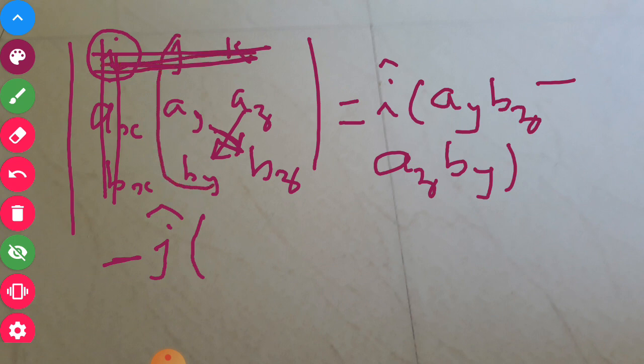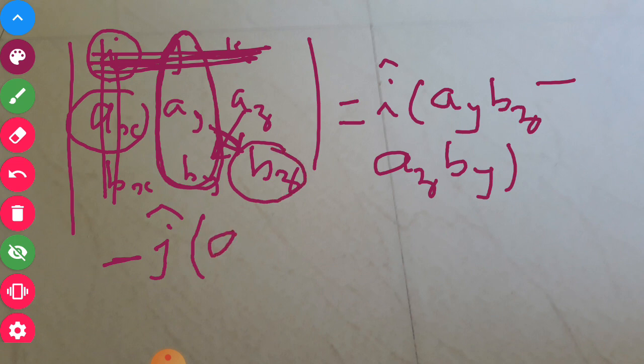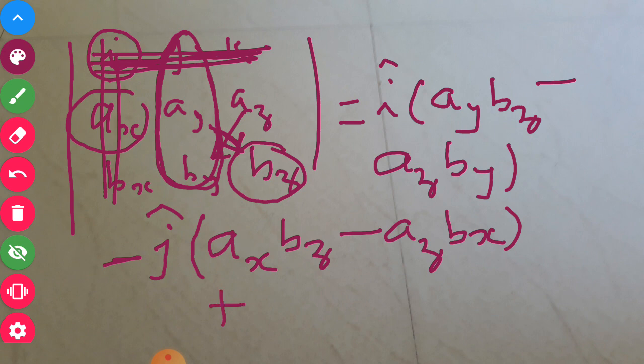Now you take the cross product of these, so what will happen? ax bz, always put minus, az bx, then the last term plus k cap.